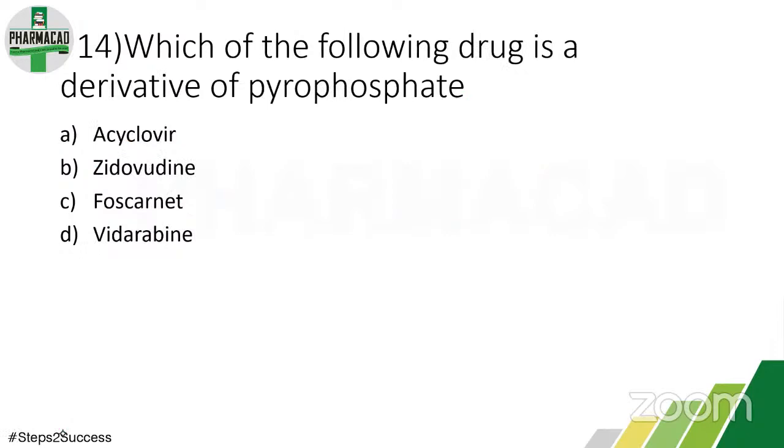Next question. Which of the following drugs is a derivative of pyrophosphate? The first one is acyclovir. Acyclovir is the analog of deoxyguanosine, whereas zidovudine is the analog of thymidine.